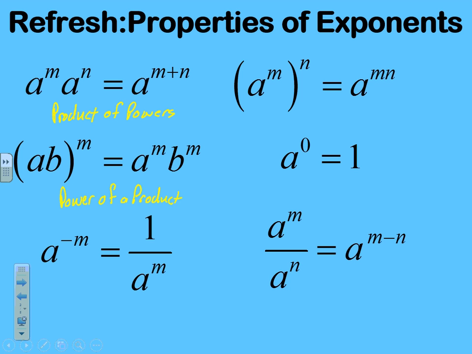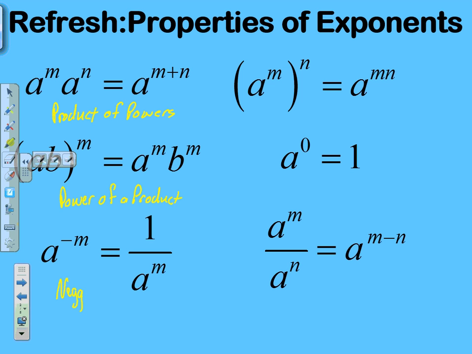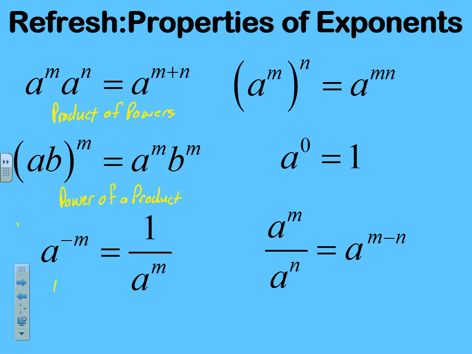Here, we would just think of this as the negative exponent rule. And what that tells us is that we don't like negative exponents.